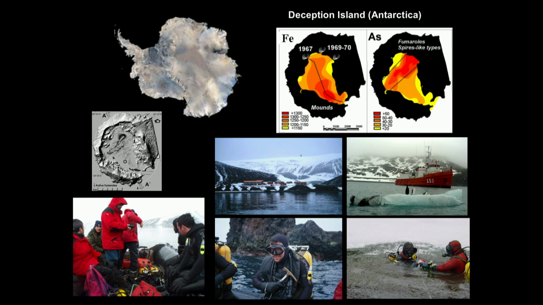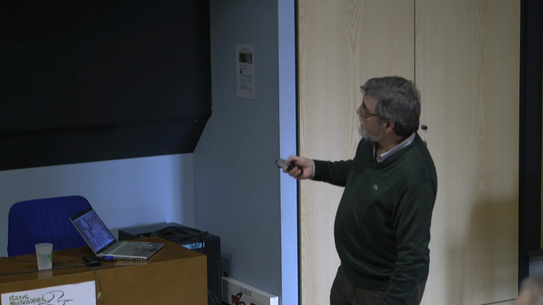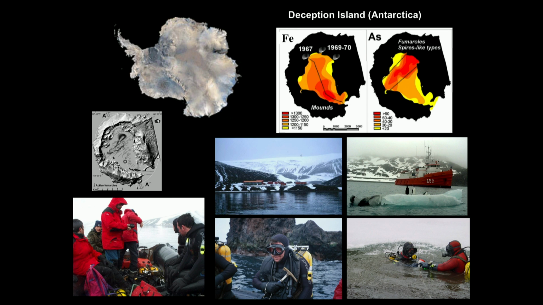This was a study that we made in the Antarctica in 2000, many years ago, 17 years ago. We were doing the investigation of the vents and the volcanic activity, and we identified the anomalies of iron and arsenic, and also we saw some connection between microbes and microorganisms which were living in connection with these iron and arsenic anomalies.